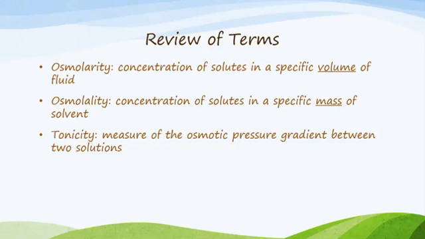This is an important concept because it's the solutes that cannot cross the semipermeable membrane that are going to impact the movement of fluid, because they are the ones creating that osmotic pressure gradient.